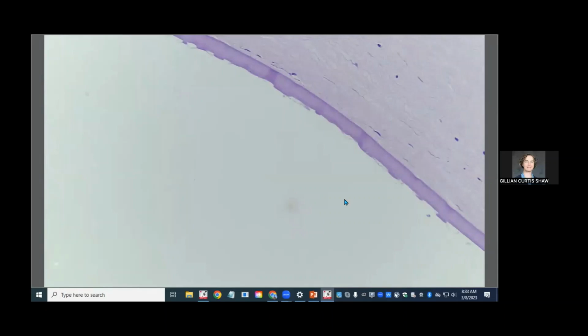When you start losing those endothelial cells, the next cell over stretches out to fill up the gap. What you're seeing here might not be naked areas of endothelium, but just areas where these cells are stretching out and you don't get to see the whole profile of the cell.